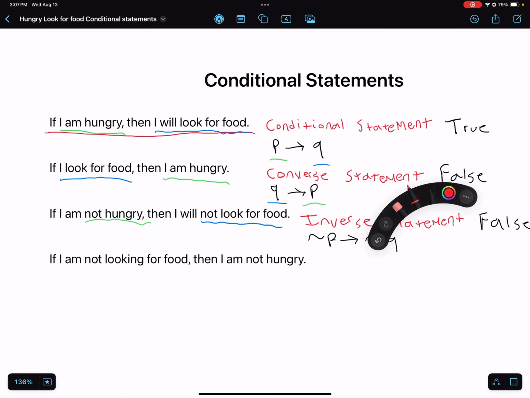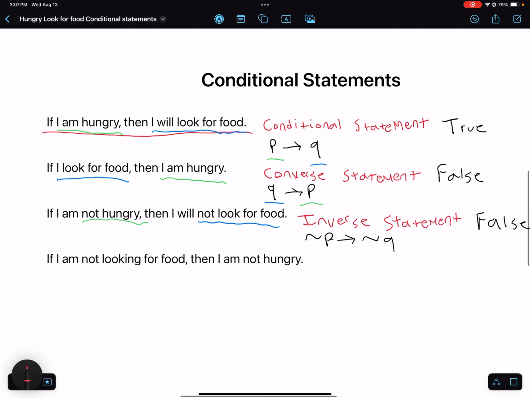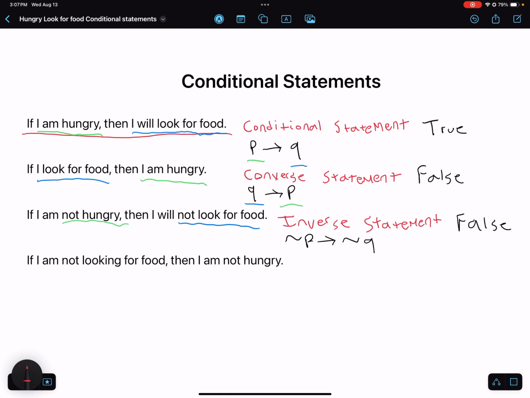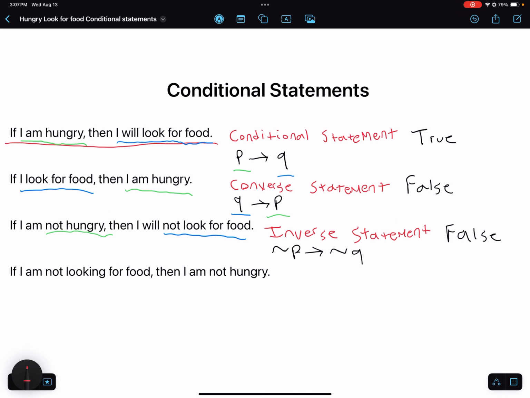So we have our last statement here. If I am not looking for food, then I am not hungry, it says. So here we have both changed the order and we've negated the terms. So this is called the contrapositive statement. And what we've done here is we've reversed the terms as we did for the converse statement, but we've also did what we did for the inverse statement, and that is negate both terms.